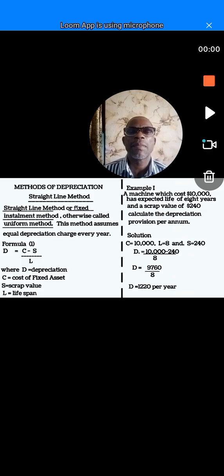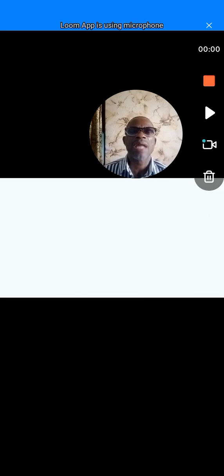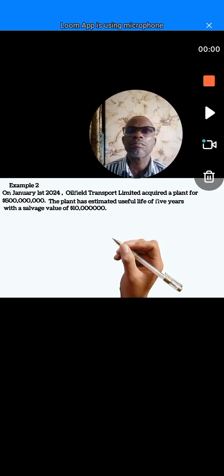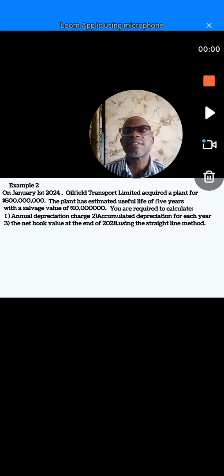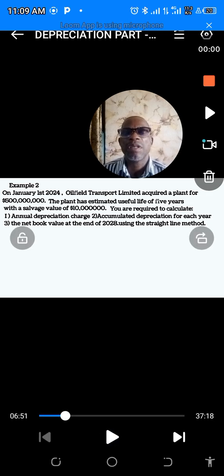Example 2 reads: on January 1st, 2024, Oil Field Transport Limited acquired a plant for 500 million naira.